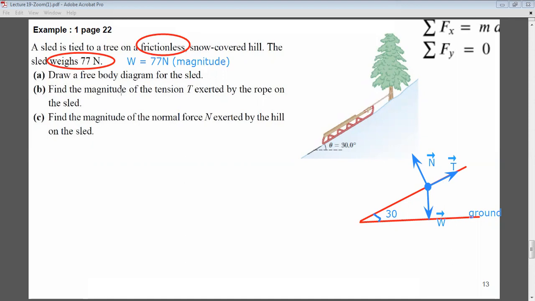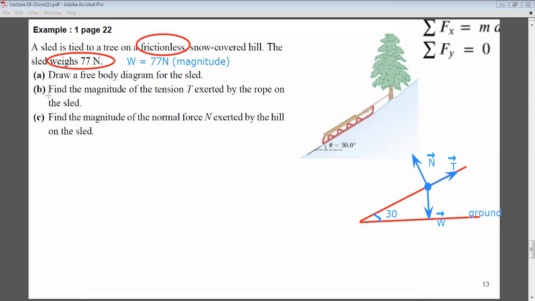Before I go on, this is the free body diagram for the sled. Okay. Now find the magnitude of the tension exerted by the rope on the sled.